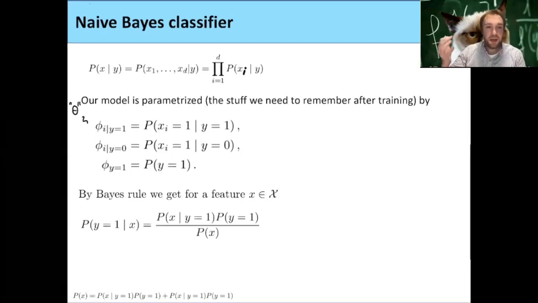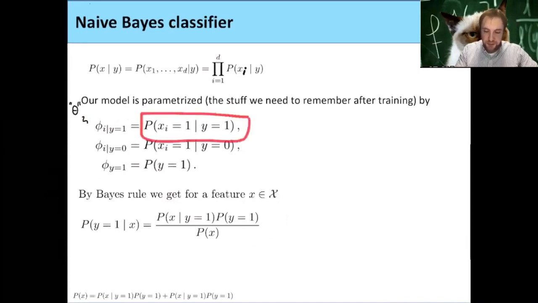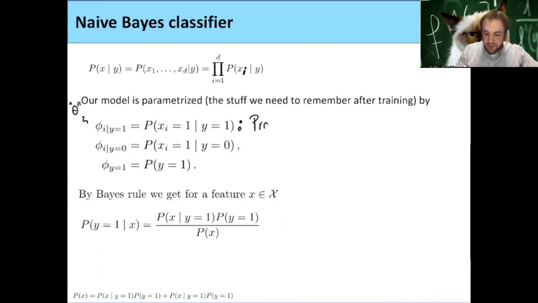If we have new incoming data, we use this theta to make a prediction. And similarly here, we will have these probabilities, and then we use them when there's a new email incoming. We will use these numbers to predict if this new email is spam or not spam. So this is what we do here. Or maybe first I should rewrite these in words. So this is a probability here.